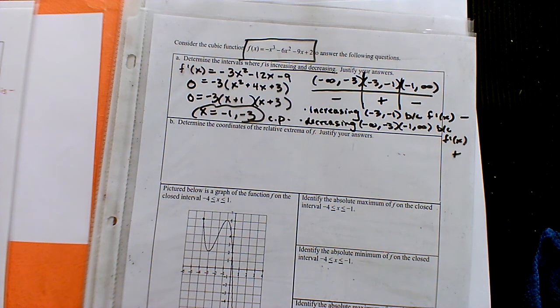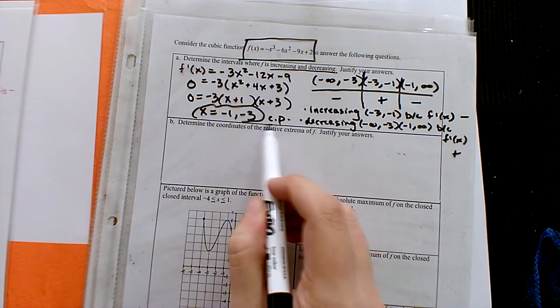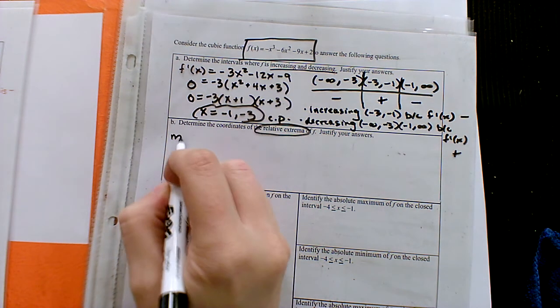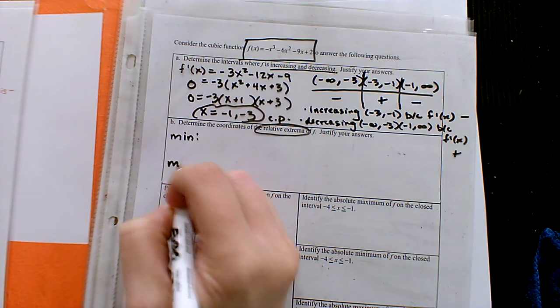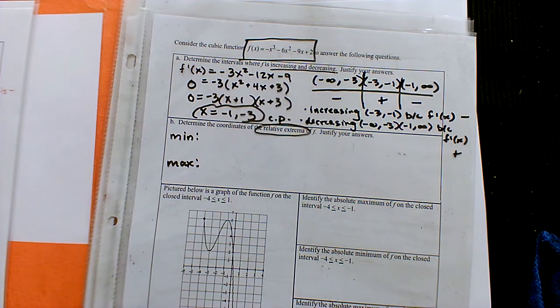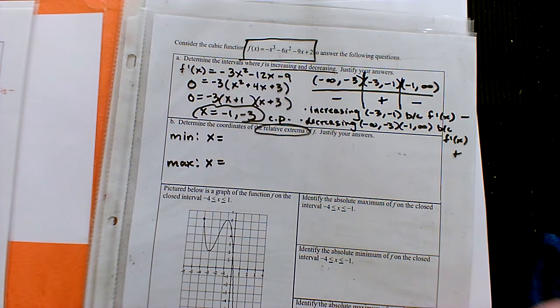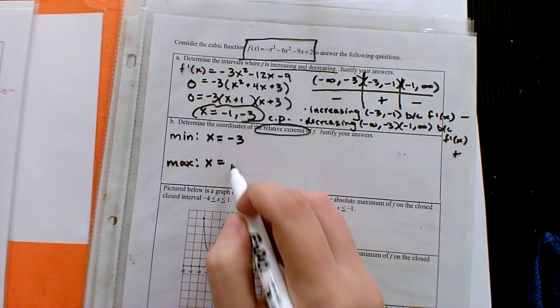All right, that's a review question. Let's do B. Determine the coordinates of relative extrema. So any high point, any low point, where we have that increasing to decreasing or vice versa change. So can we, based off of our sign chart, determine where a minimum or maximum might be located? Min at negative 3, max at negative 1.